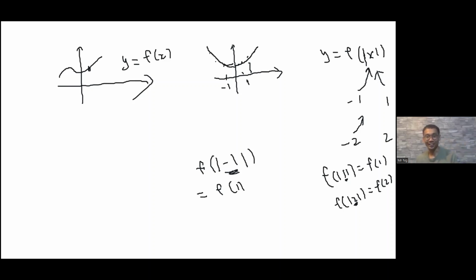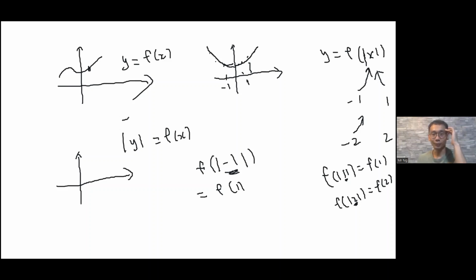Maybe I should try the mod y with you guys as well. So now let's say, coming to here, I'm going to mod my y. Over here, you see, your y is negative 1 or 1, right?